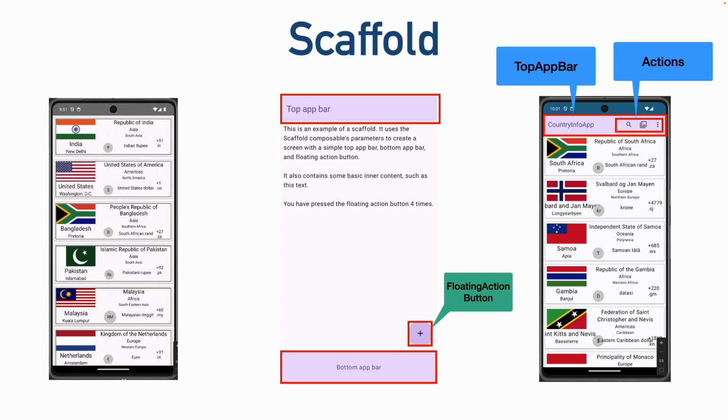All these three things together, that is top app bar, bottom app bar, and the floating action button, are basically called Scaffold. And in the next couple of videos we will try to understand how to integrate a scaffold in our application. Now we will get started with the very first one, which is the top app bar. So let's get into a demo.